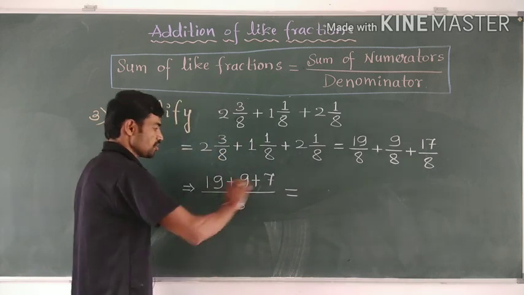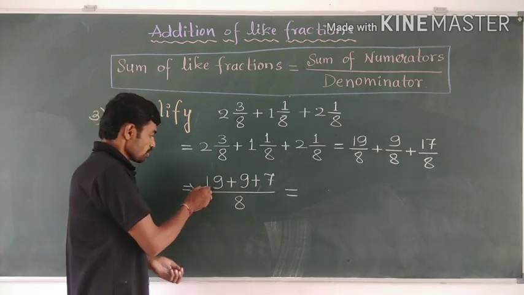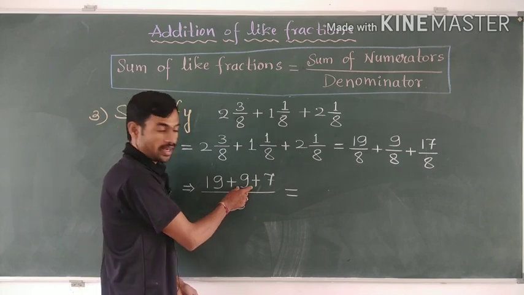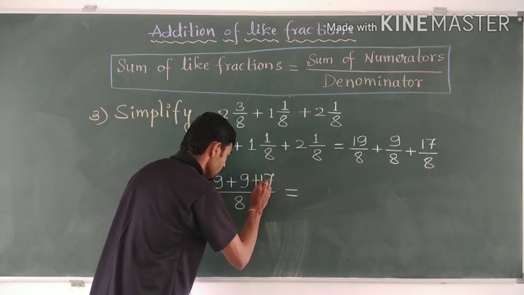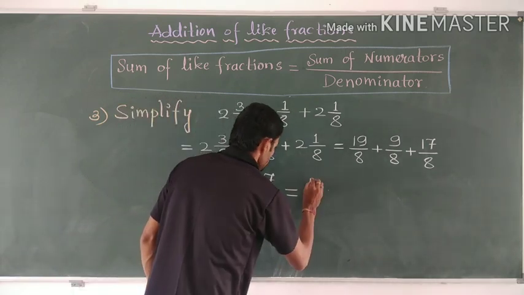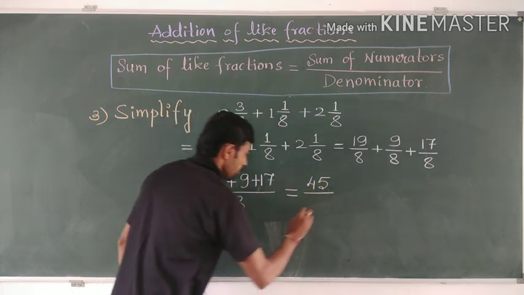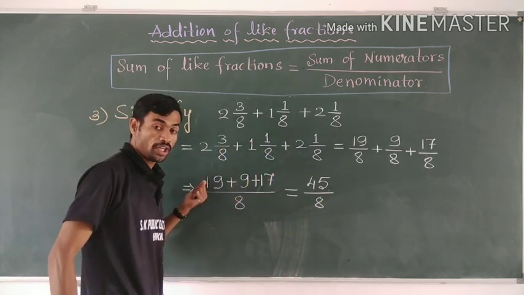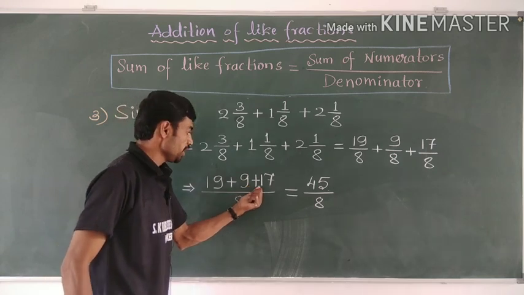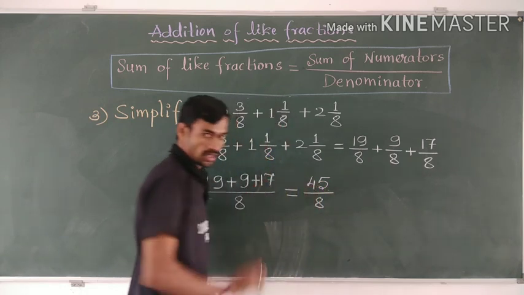So find the sum of all these fractions. The numerators: 19 plus 9, 28. 28 plus 17 is 45. 45 divided by 8. So the sum is only the sum of numerators, 45 by 8.